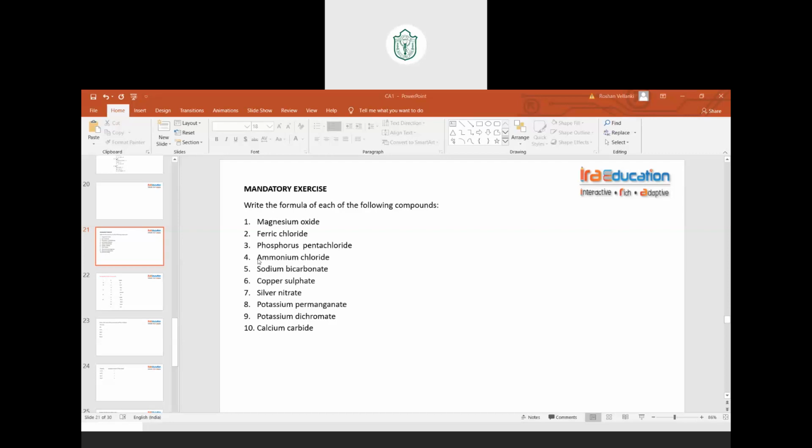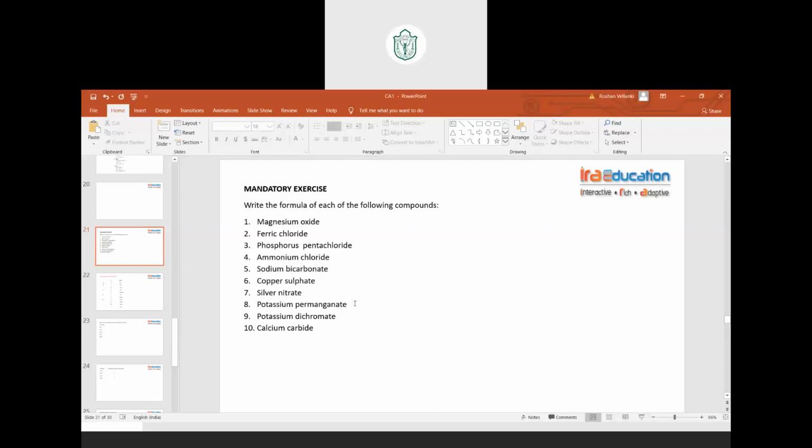Someone has a doubt, what's your doubt? Sir, in the third one both are non-metals. Find for phosphorus. And in the fourth one, ammonium chloride, find for nitrogen. Potassium dichromate is K2Cr2O7. Find for chromium.